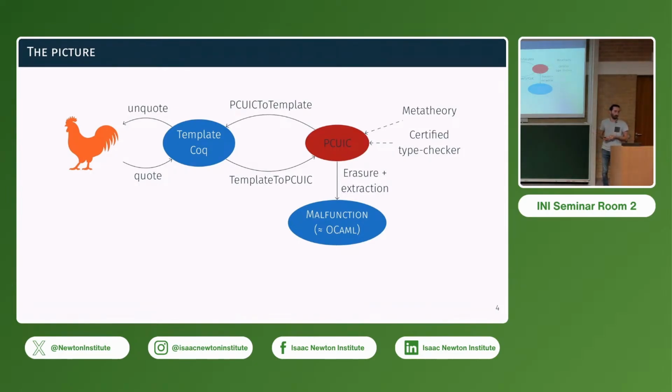So this is the predicative calculus of universe polymorphic inductive constructions. It's predicative because we don't have the old impredicative Set, which was a very complicated thing. CIC is the calculus of inductive constructions, and the U is universe polymorphic.